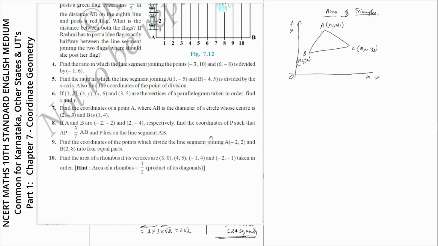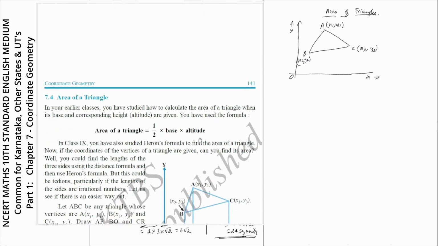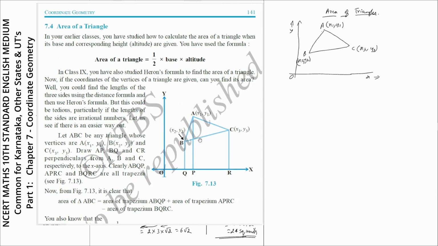The next topic in this chapter is area of triangle. See here, you can see this figure. There is a triangle ABC. Coordinate of A is x1 y1 and coordinate of B is x2 y2 and coordinate of C is x3 y3. So same diagram I have written here. So you can see now I should find the area of this triangle.